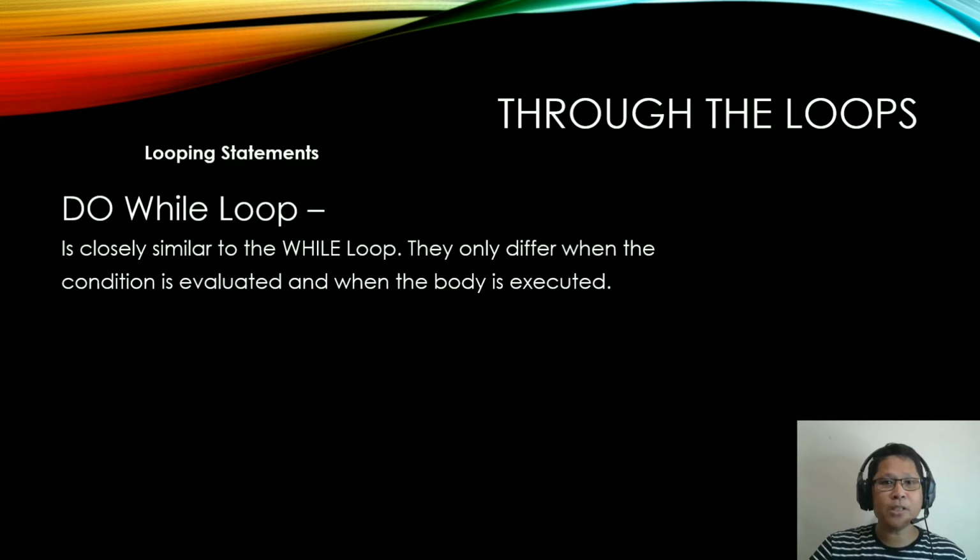The main difference is that in the do while loop, the condition is tested at the end of the loop body. So take note that in a do while loop, the loop will execute at least once, irrespective of the test condition. For example, if the condition is false, it will still execute the body only once. So one time only. Okay?